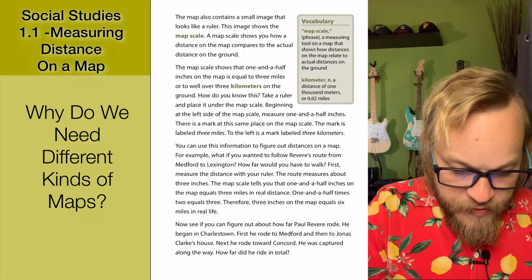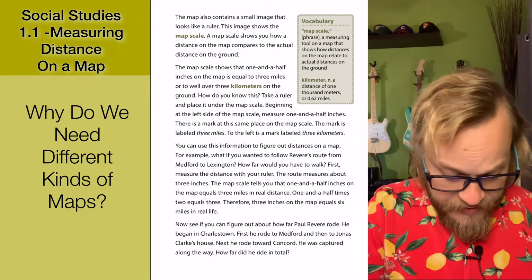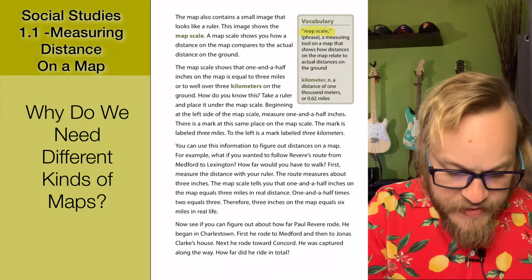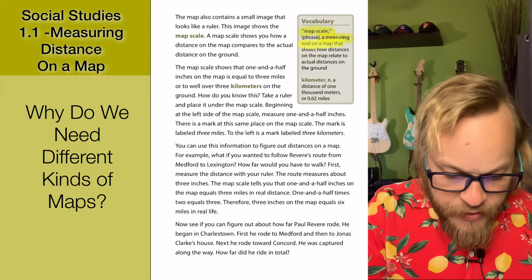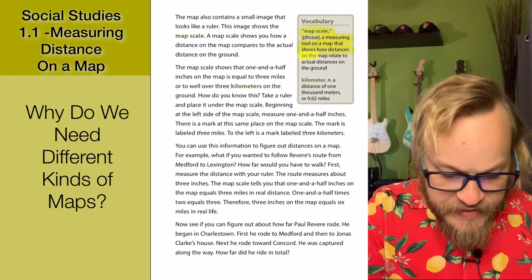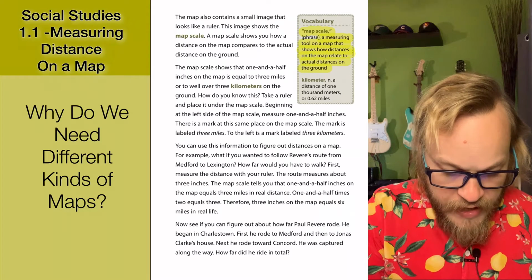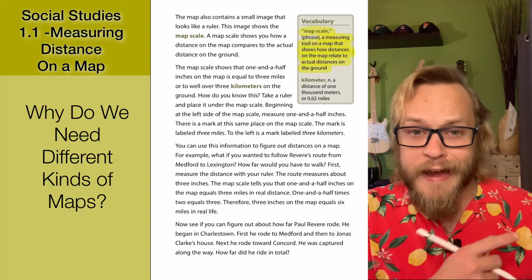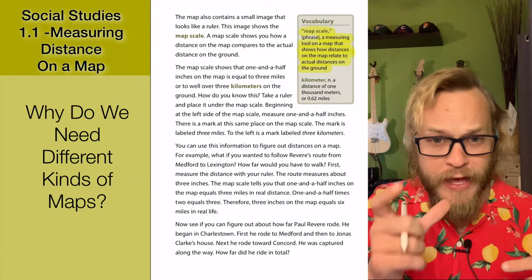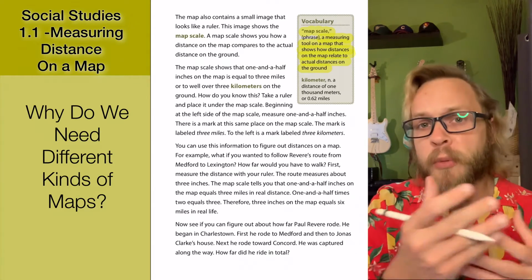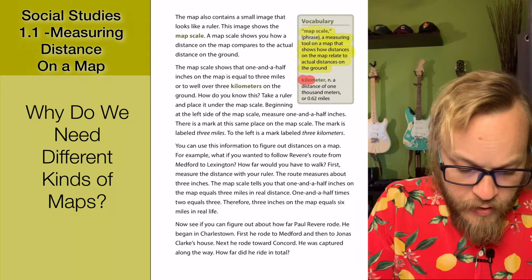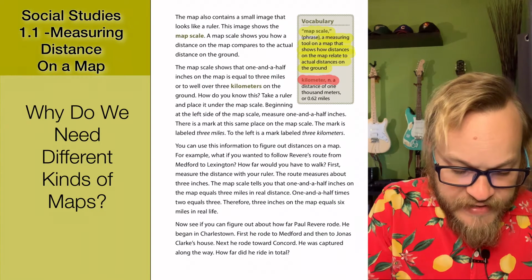A few more vocabulary terms before we get into this page. We have our map scale, a measuring tool on a map that shows how distances on the map relate to actual distances on the ground. And I pointed that out the first time we looked at the map of how we can measure the distance that Paul Revere rode. One of the terms used on that scale is a kilometer.